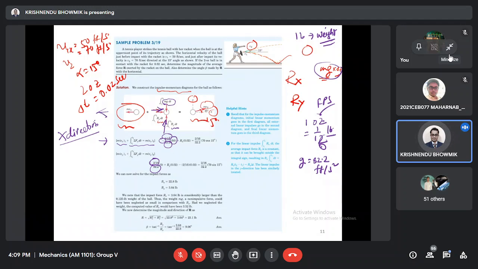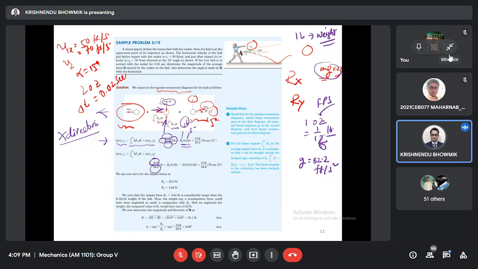Plus positive direction Rx. As I told, we can assume that this impulsive force is constant over that short period of time, delta t equal to 0.02 seconds. So Rx multiplied by 0.02, it is second, and this is pound. Be careful, this is pound, this is second.